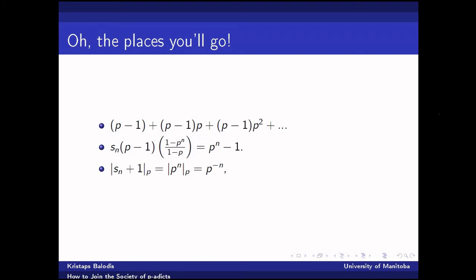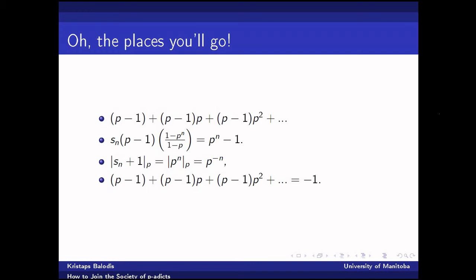So if we look at the p-adic evaluation of the nth partial sum plus 1, this is just p to the n, and of course the p-adic valuation of that is p to the minus n. So if we were to take the limit of both sides, this would show that as n goes to infinity, the nth partial sum plus 1 converges p-adically to 0.